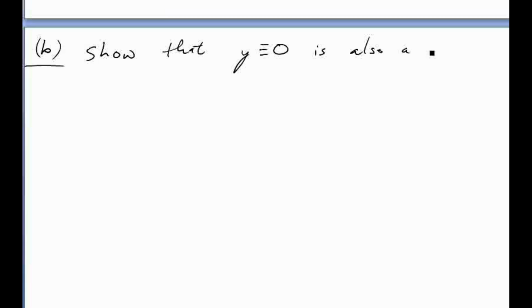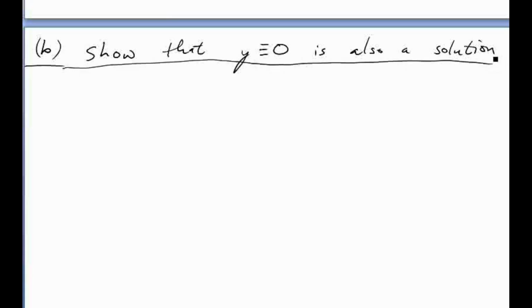I would like to bring your attention to a disturbing other fact here. There is another solution to this same initial value problem, which is not identical to this one. And let's just see what it is. So show that y identically equal to 0, so the constant function y equals 0, is also a solution.